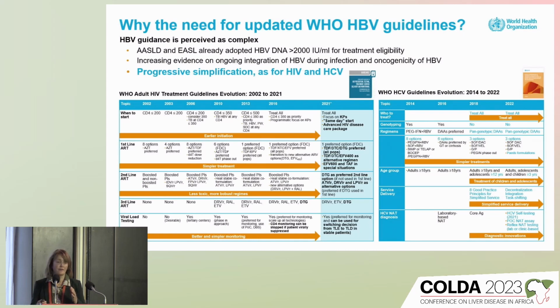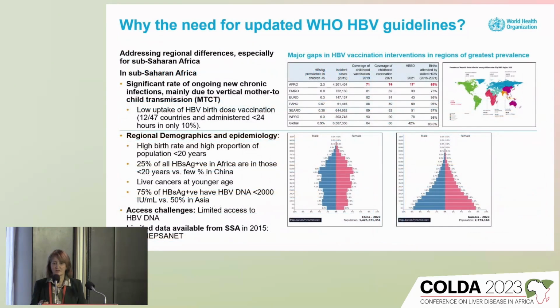So over the period of about 8 years, really moving to a treat-all, dispensing with the need for genotyping, preferred pan-genotypic regimens, down to the age of 3 years being eligible for treatment using the same regimens, simplified service delivery starting with good practice principles, now formal recommendations, and then the adoption of some simplified diagnostics.